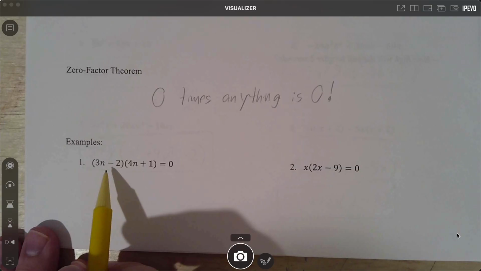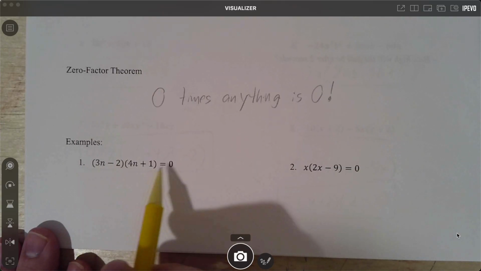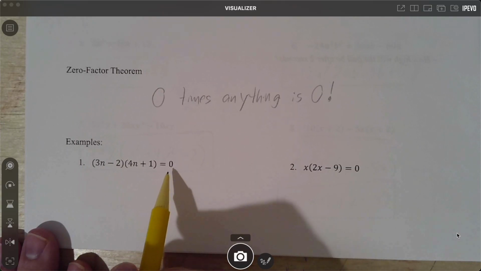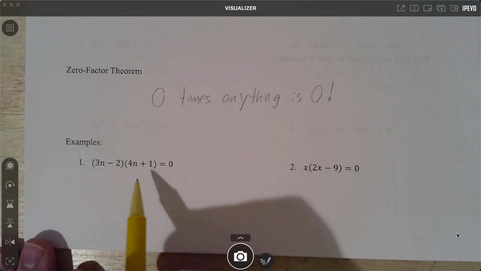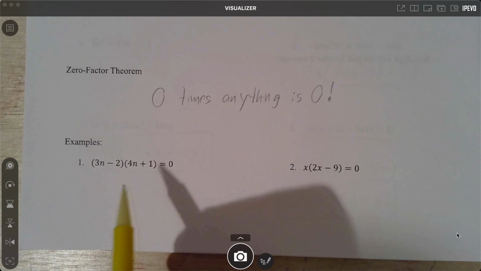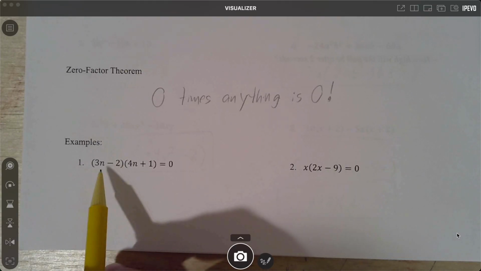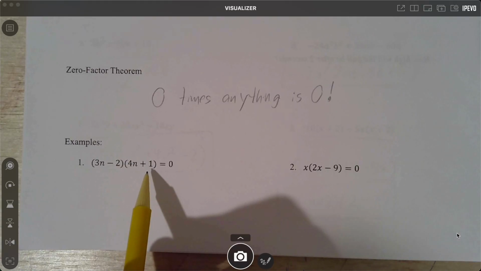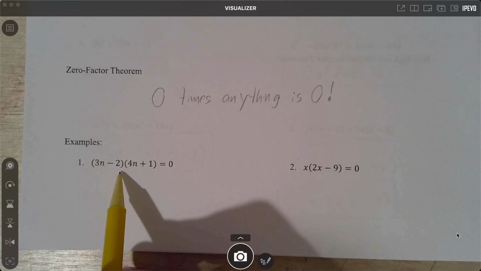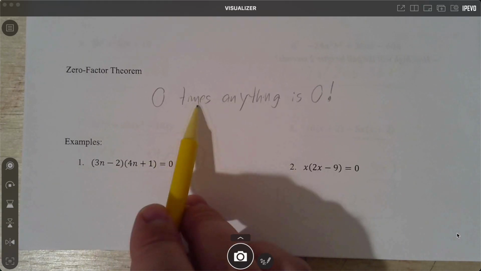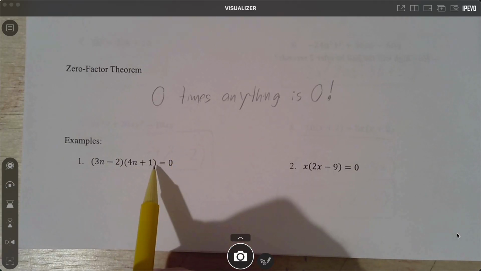We're trying to solve what makes this entire equation equal 0. Now, you'll kind of melt your brain if you just try to guess numbers and try them out. But really, the crux here is to look at these 2 and realize what's going on. I have a parentheses times another parentheses.